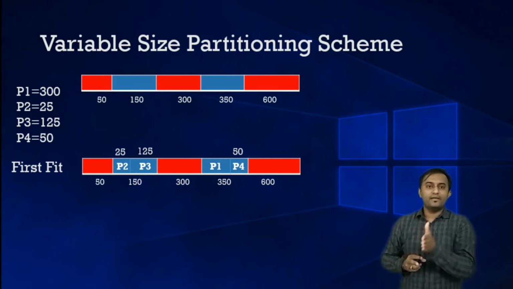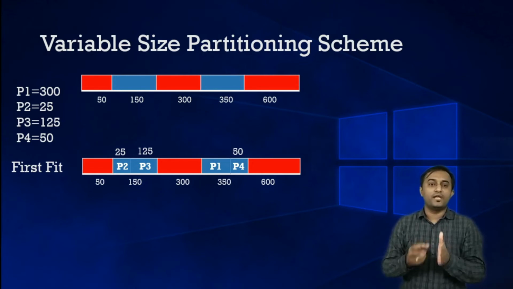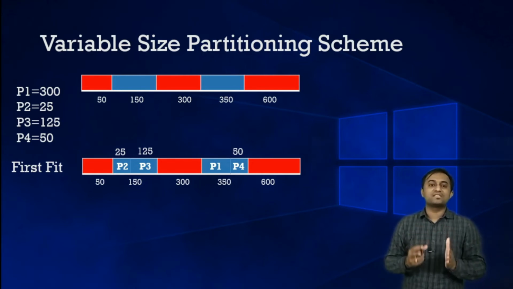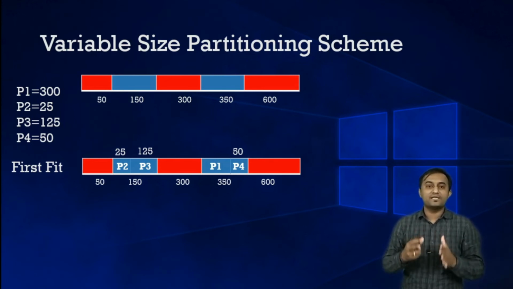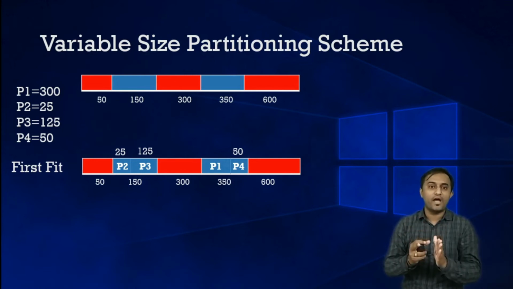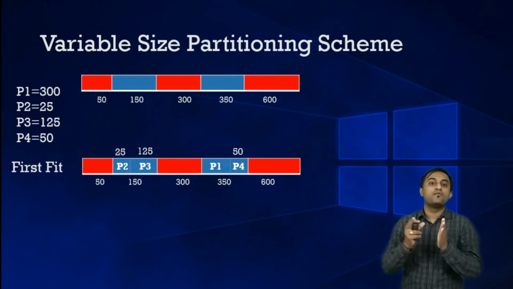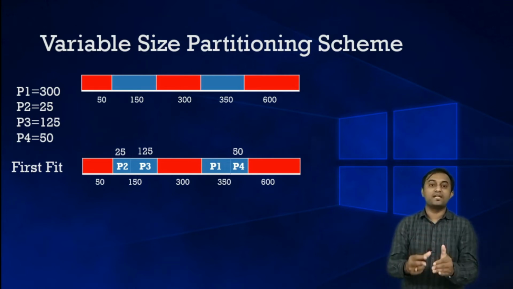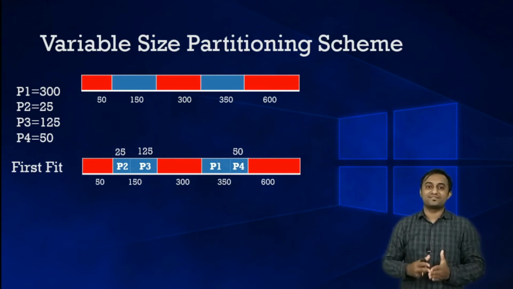In this case, it will find the 150 size block, which is capable enough to accommodate the P2 process, so it will accommodate it. The remaining size of that block is 150 minus 25, which is 125. So the 125 space is further utilized by the first fit algorithm because we are dealing with the variable size partitioning scheme.